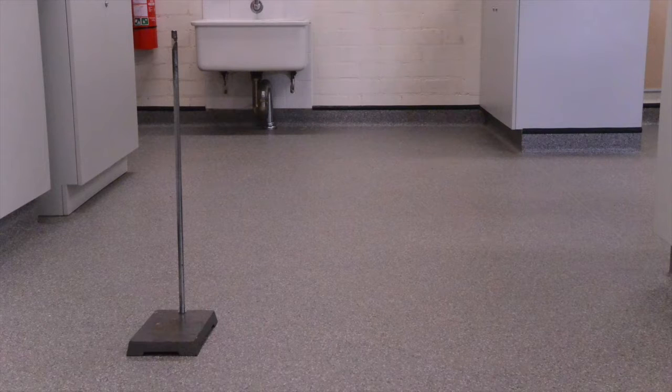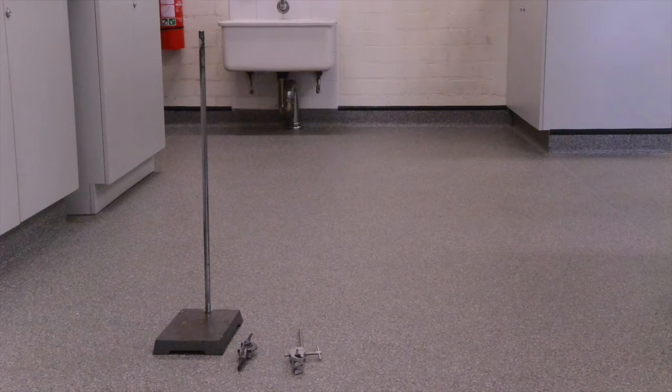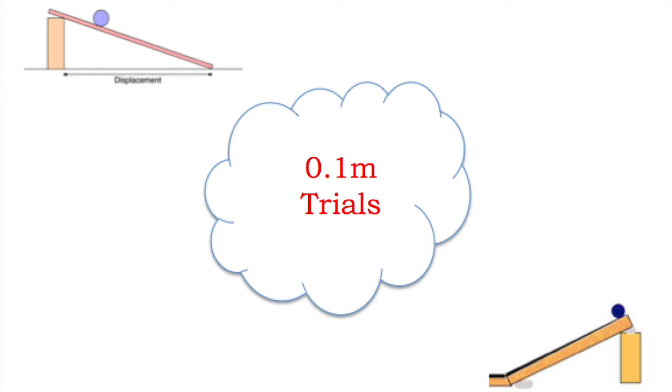The materials needed included a retort stand, a clamp, a boss head, a camera, a golf ball, a 1 meter ruler, and a 1 meter pipe. These were the trials for 0.1 meter height.